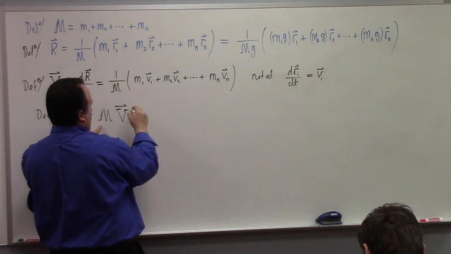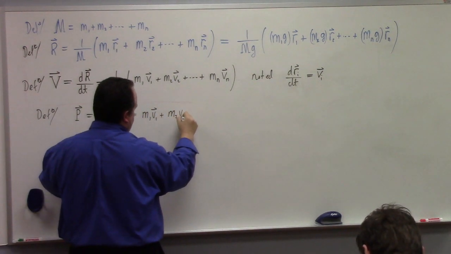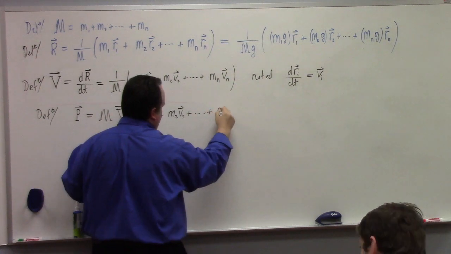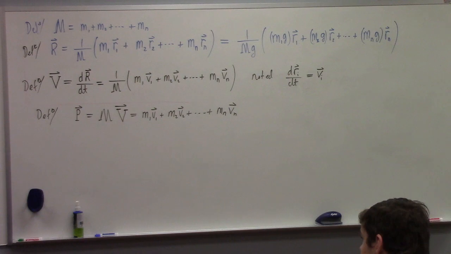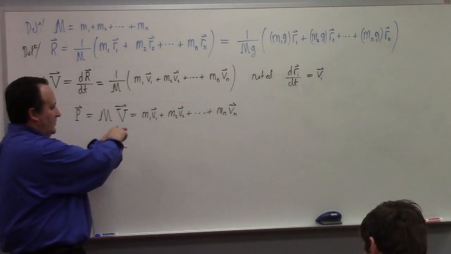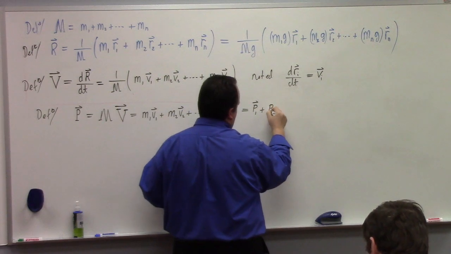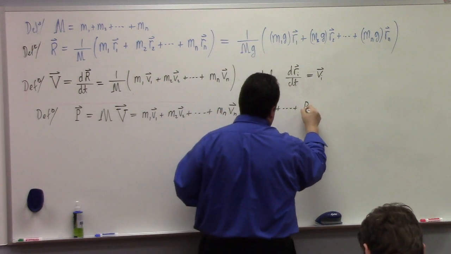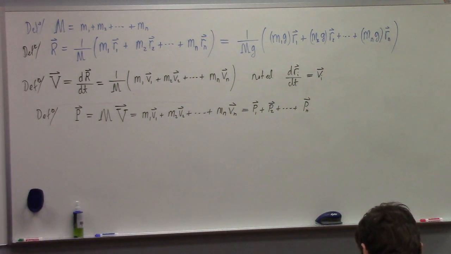See, these cancel, and you get m1v1 plus m2v2 plus ... plus mnvn, which is what? Maybe you can recognize that this is literally P1 plus P2 plus ... plus Pn. So the net momentum, the momentum of the system, is the sum of the momentums of the constituent masses.